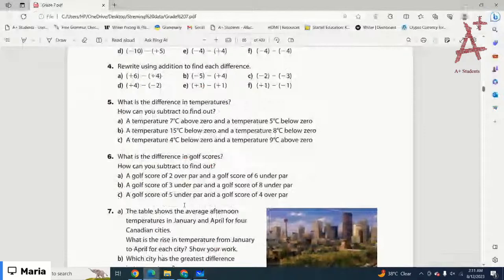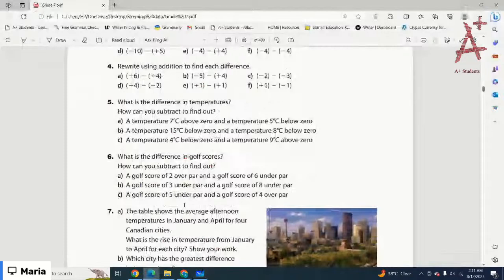Okay. So our temperature is 7 degrees above 0 and temperature 5 degrees C below 0, right? What is the difference in temperature? How do you subtract to find out? So you have to calculate the difference in temperature, right?